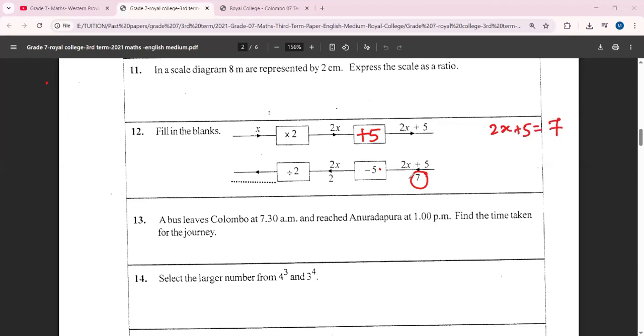You start with 7, and here you have plus 5, therefore you write minus 5, then it becomes 2. Here you multiplied by 2, so here you divide by 2. Then 2 divided by 2 is 1. Then x equals 1. This is the flow chart method to find the answer for an equation.